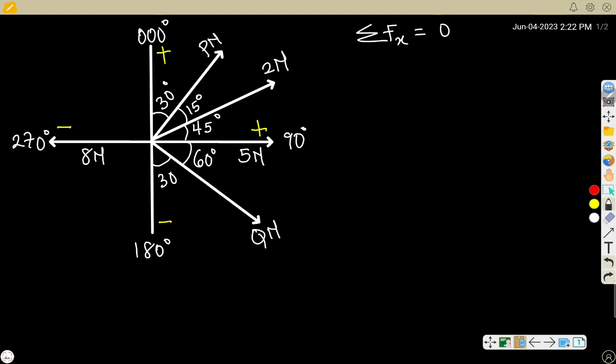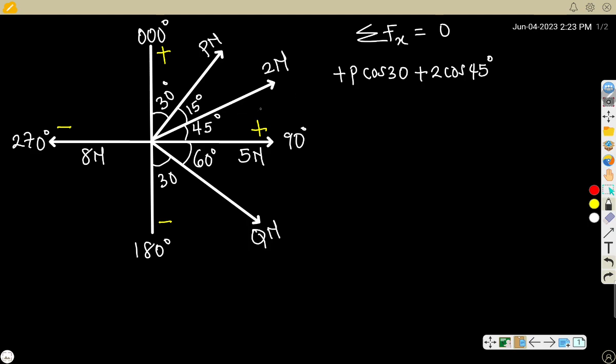Remember, horizontal is cos, and to this side is plus. So the resolution there will be plus P cos 30. Then for 2 Newton, the total angle to the horizontal is 30 plus 15, that's 45, and the sign there is also plus. So this will be plus 2 cos 45. Remember, all your horizontal is cos.